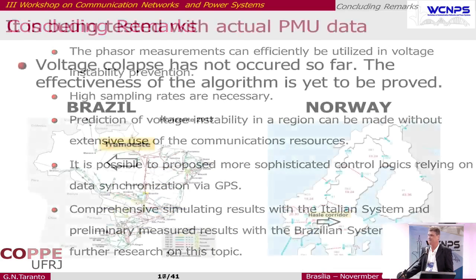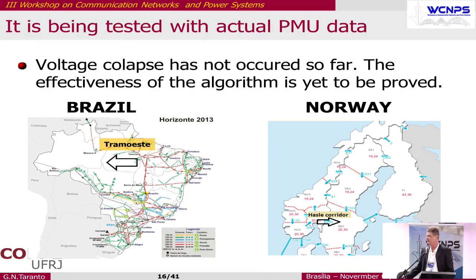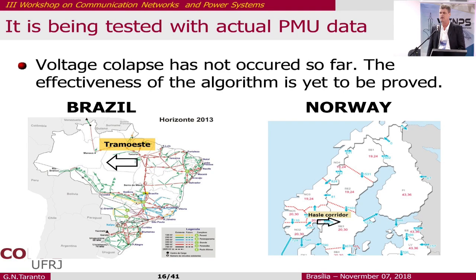It has been tested with actual PMU data. It has been tested in the Tramo West in Eletronorte. It's a 230 kV radial system that goes from Tucuruí to the Santarém area. People from UFPA worked together with the Eletronorte people, and they tested this with real data.